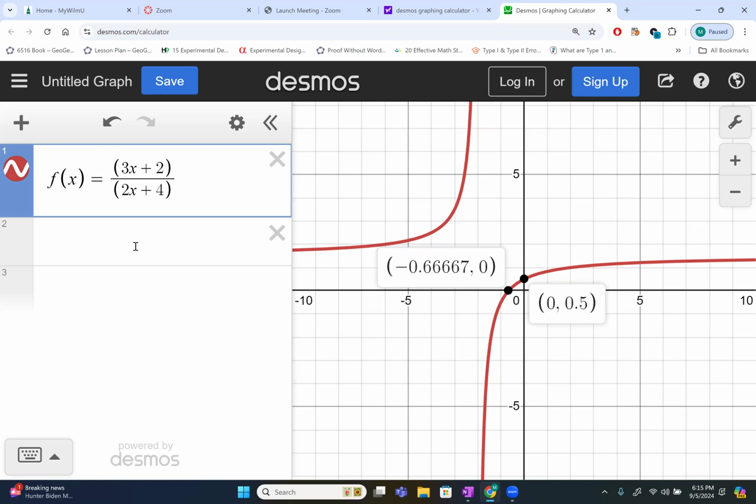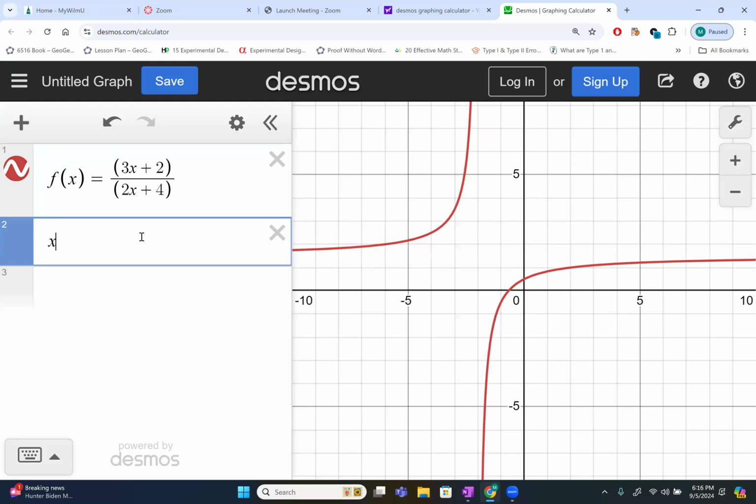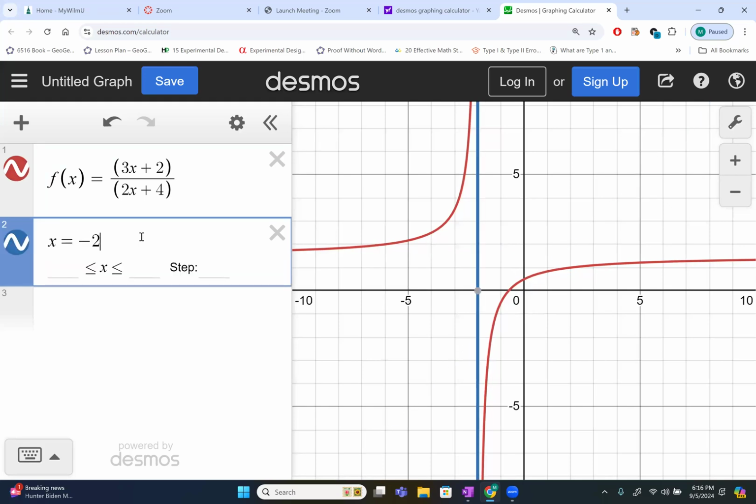Do you understand what's happening here? Do you see how where I have a value here, if I go with x equals negative 2, for example, that's asymptotic. That's no good. That is definitely a point.